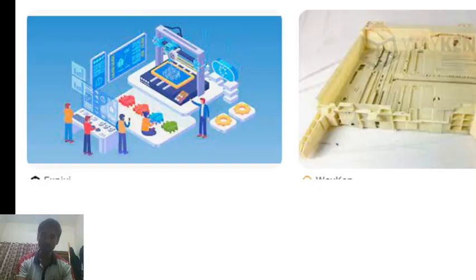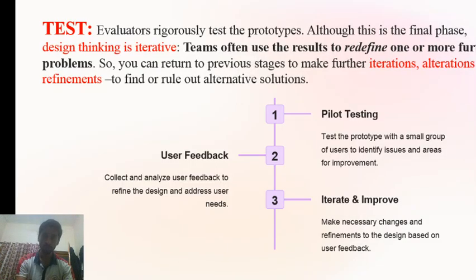After finalizing the prototyping step, if the prototype is finalized, then we will do the testing. That will again be of different types: pilot testing, user feedback, iterate and improve.